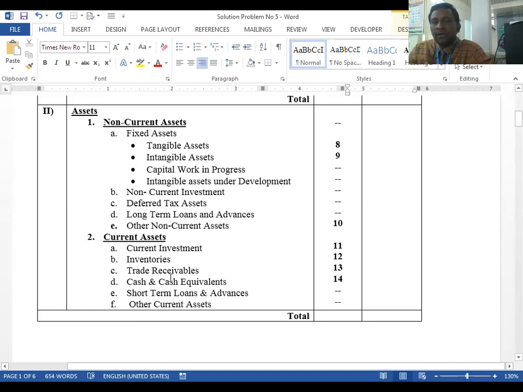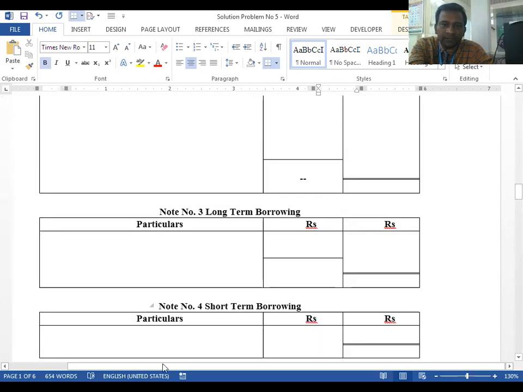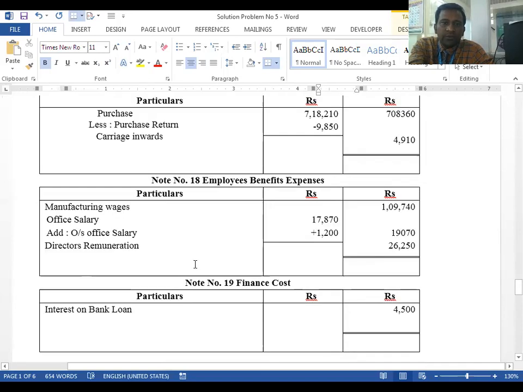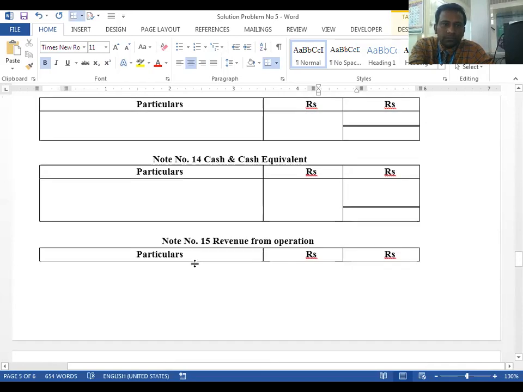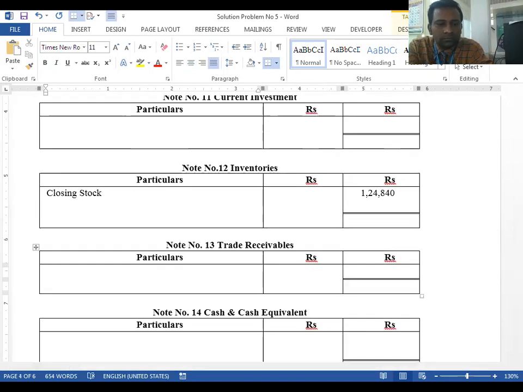What do you mean by trade receivable? Trade receivable means the amount which is receivable on the credit given to debtors. So debtors fall under the heading trade receivable, notes number 13. Trade receivable, sundry debtor.